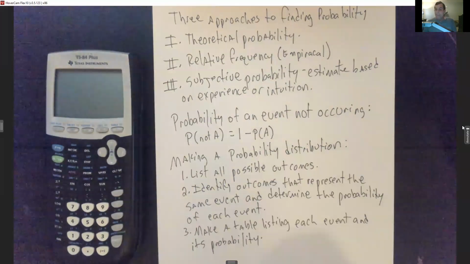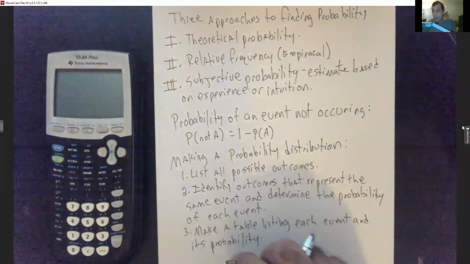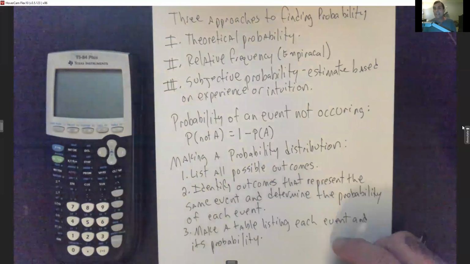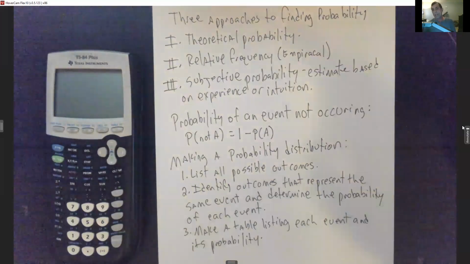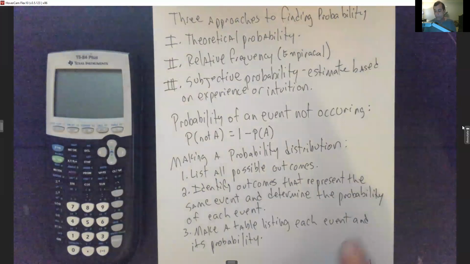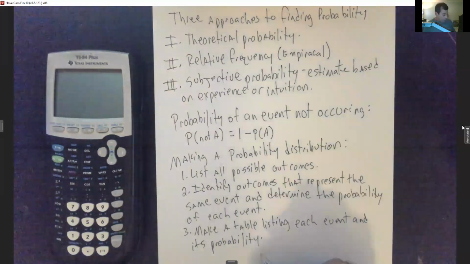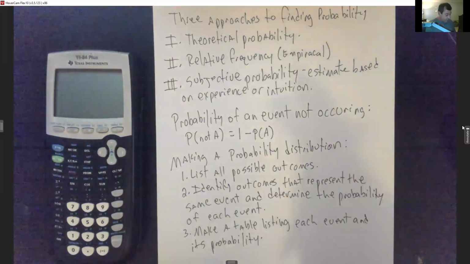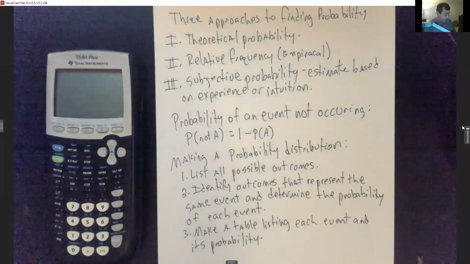Now remember, the sum of all these probabilities has to equal 1, okay? So I'll sort of show y'all that with my 2 dice again.